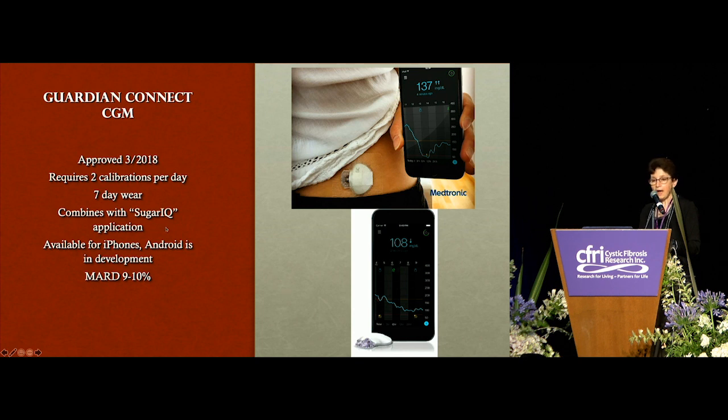It has an app called Sugar IQ, which analyzes your data and gives you warnings, like: you have been high after breakfast for the past 3 days, you may want to look at your carb ratio for breakfast. So it doesn't give you specific dose recommendations, but it warns you about what's not going well. Or you've been low for the past week in the middle of the night, you may want to adjust either your basal rates or your basal insulin.